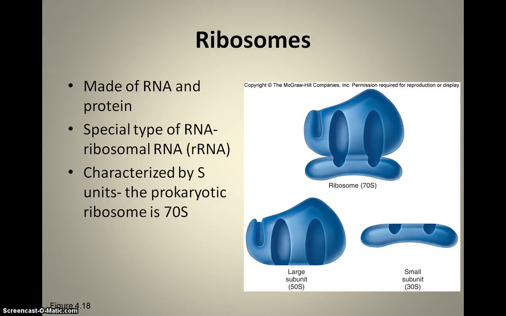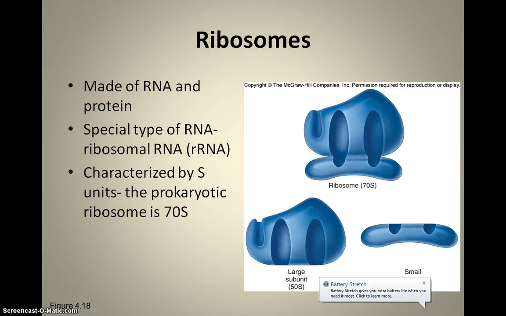Ribosomes are found in the bacterial cytoplasm, and they are a little bit different than eukaryotic ribosomes. Again, we try to identify things that are different about eukaryotes and prokaryotes because it is a potential drug target. A ribosome is made up of RNA and protein.